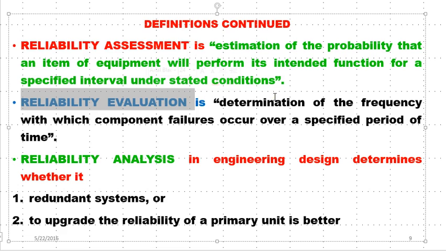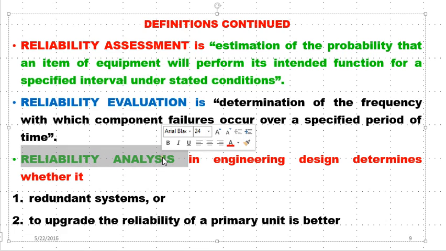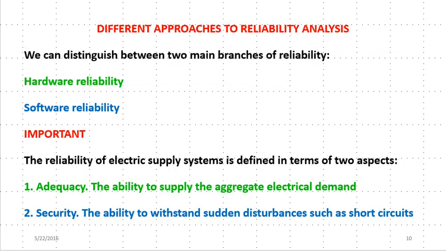The process of determining the rate of failure is what we call reliability evaluation. The third item is reliability analysis, which is a method of engineering analysis in which we determine the best way to improve the reliability of a system. Is it by introducing extra standby components in that system, what we call redundant systems, or by upgrading the original system and making it more qualitative? So the procedure of assessing how to improve the reliability is what we call reliability analysis.